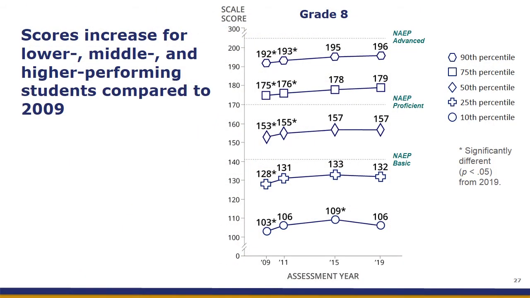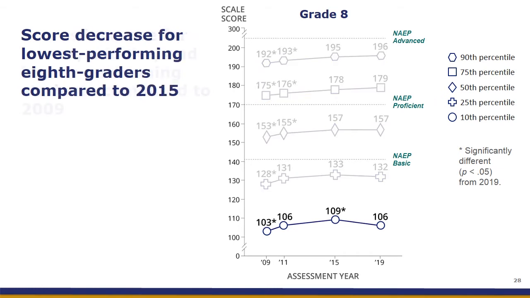When we examine the percentile story, we see improvement from 2009 across the distribution. Higher, middle, and lower performers all showed improvement. However, from 2015, the lowest performing students have lost ground.